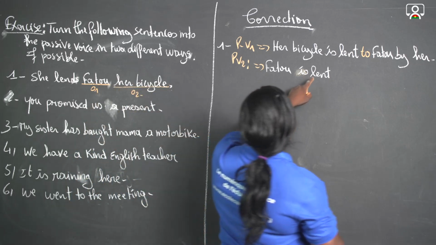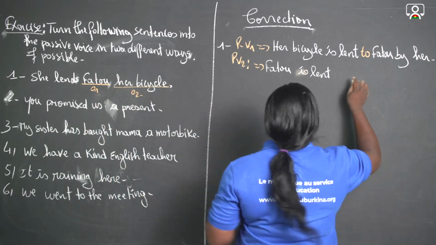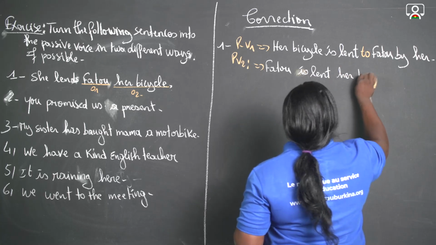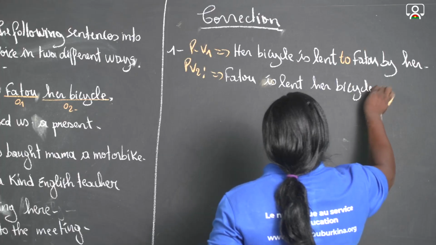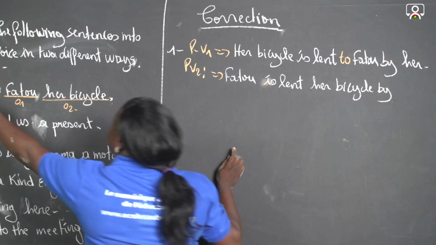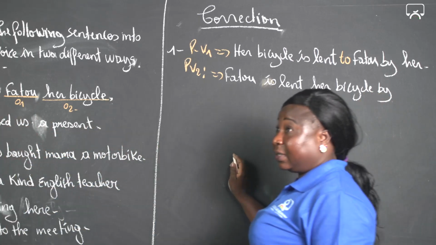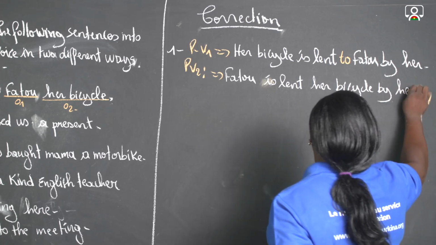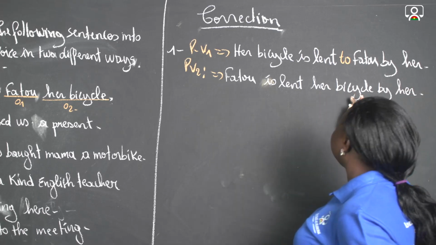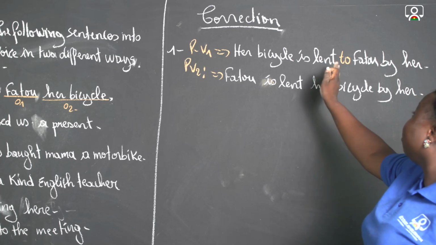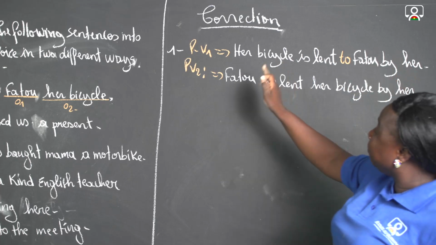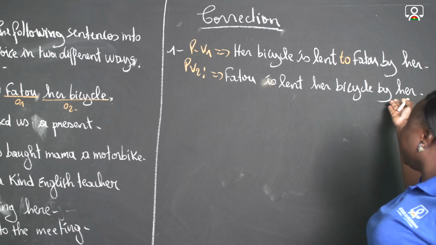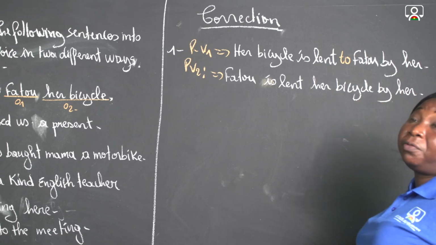So Fatu is lent her bicycle, by whom? By herself. The she will become her. So her bicycle is lent to Fatu by her, and Fatu is lent her bicycle by her. It is herself who lent the bicycle to Fatu.